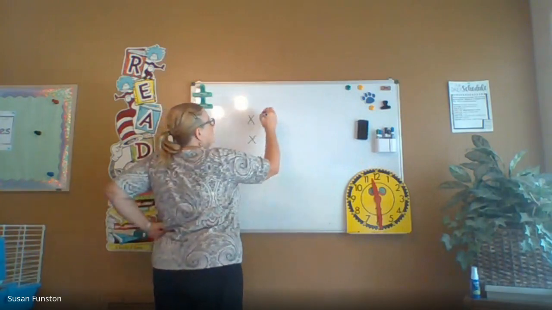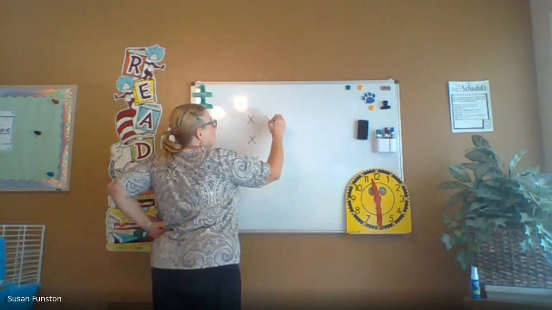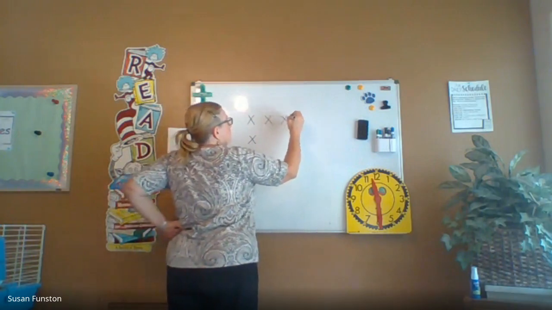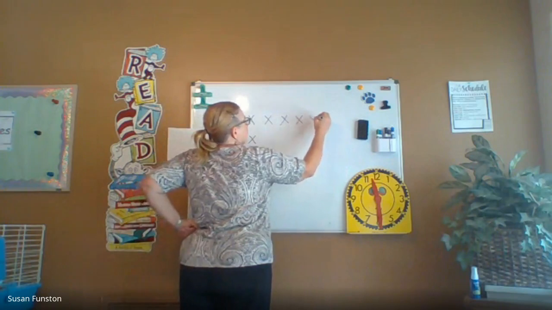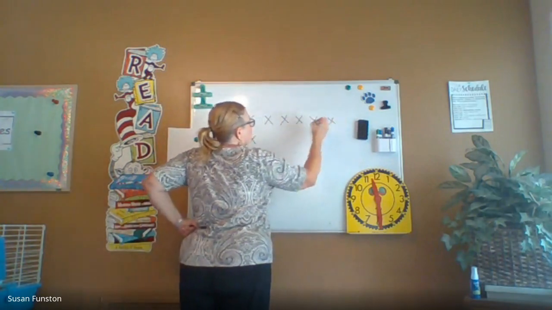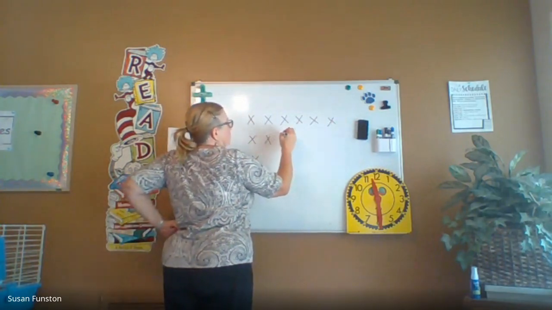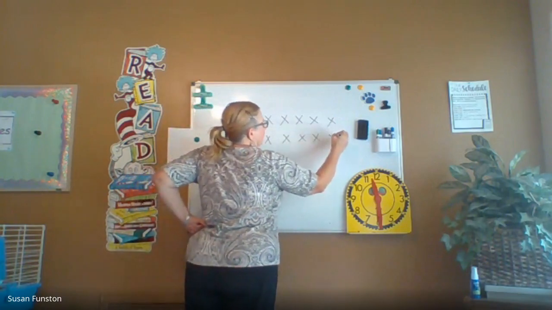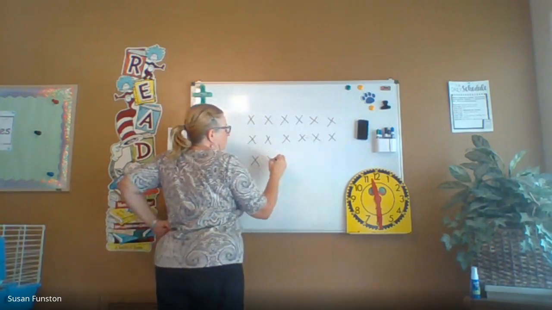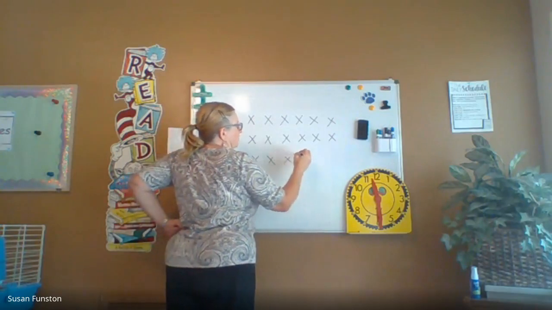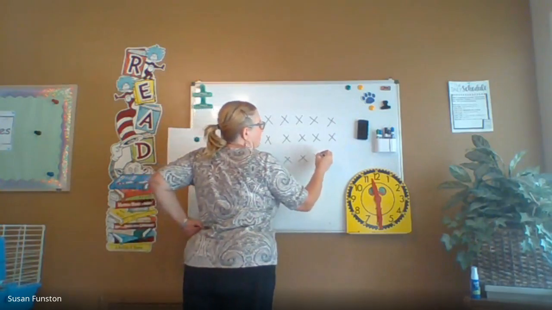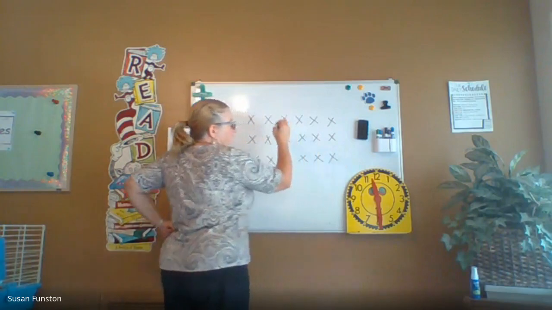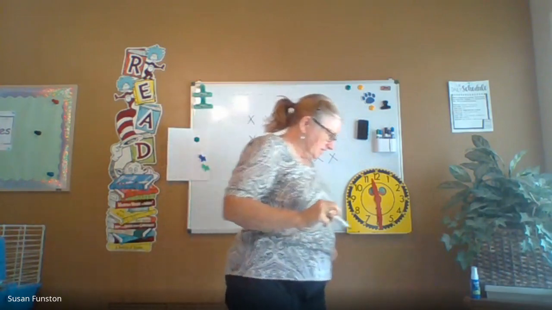And each guitar has 6 strings. So 1, 2, 3, 4, 5, 6. 2, 3, 4, 5, 6. 2, 3, 4, 5, 6. So I have 3 rows of 6.